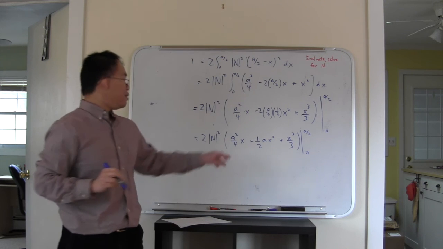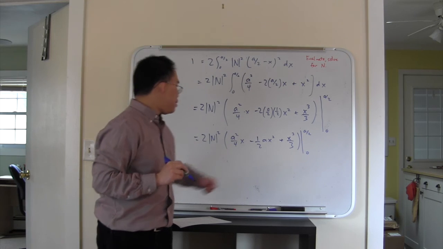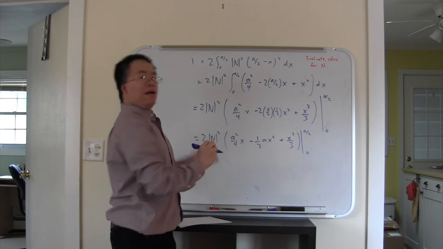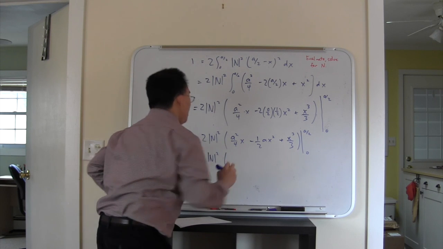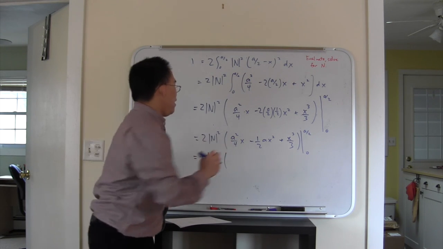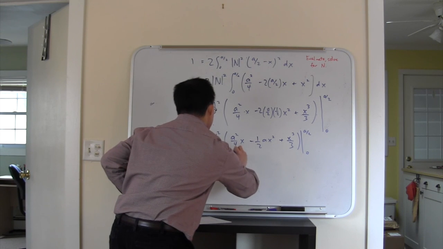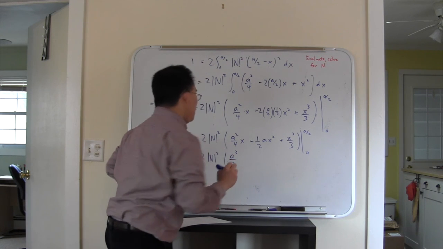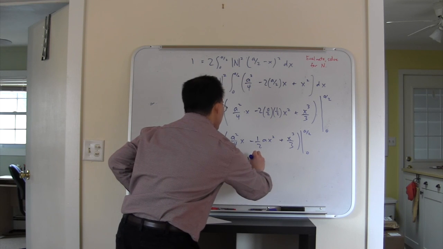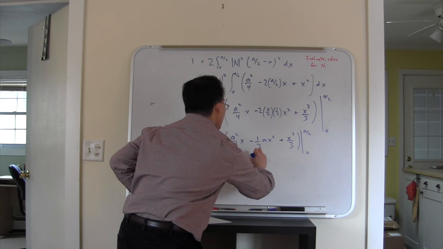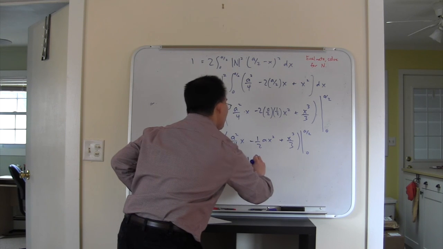There's an x in each one of these terms, so evaluating that at 0 is going to kill everything off. But at the upper end point, we have then 2 modulus n squared. And putting in a over 2 here, we have a cubed over 8. We have minus 1/2 a squared, a cubed over 4.